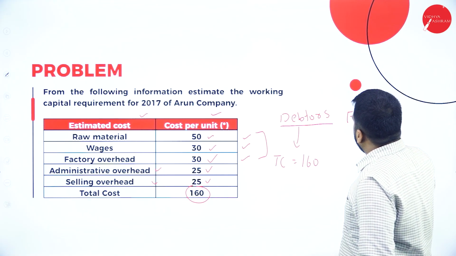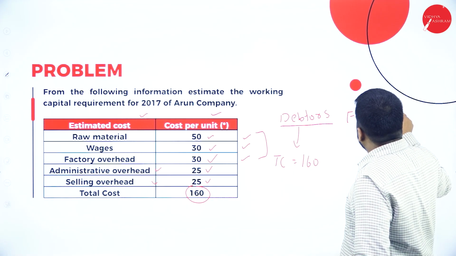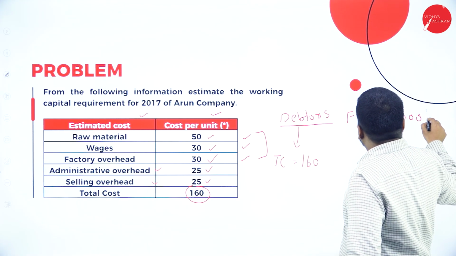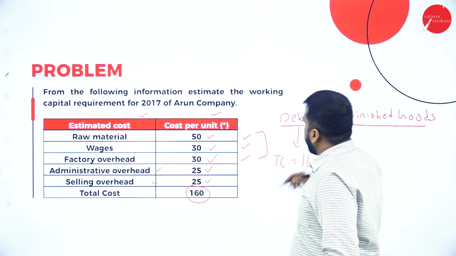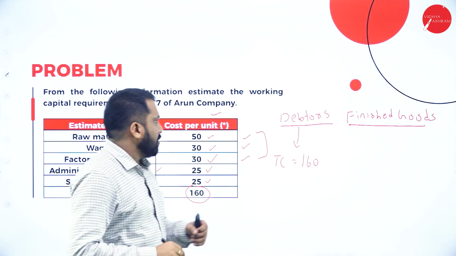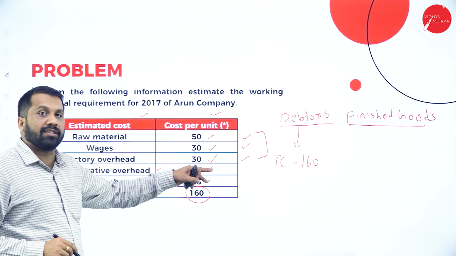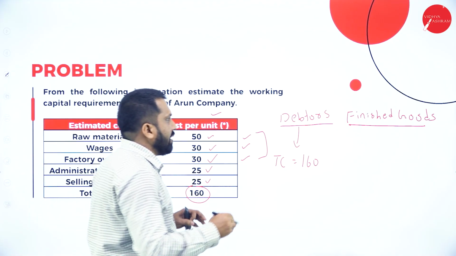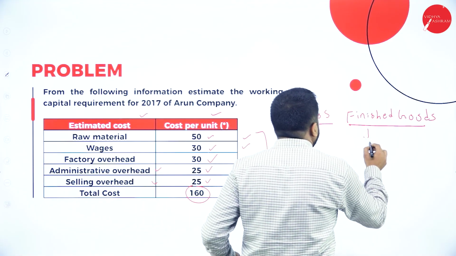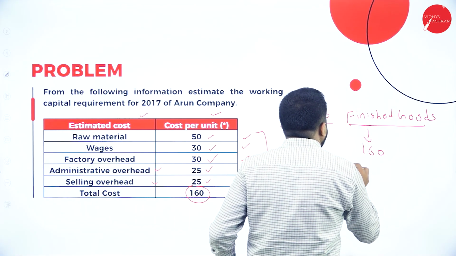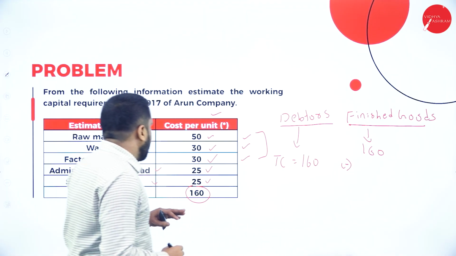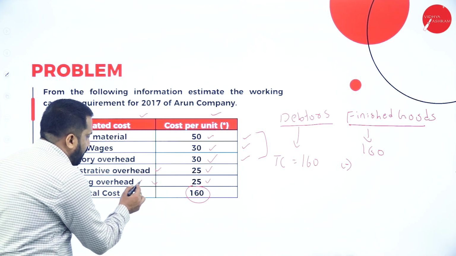While calculating your finished goods, what is your total cost? While calculating your debtors, 160 is your total cost. While calculating your finished goods, 160 minus, we don't consider selling overhead.